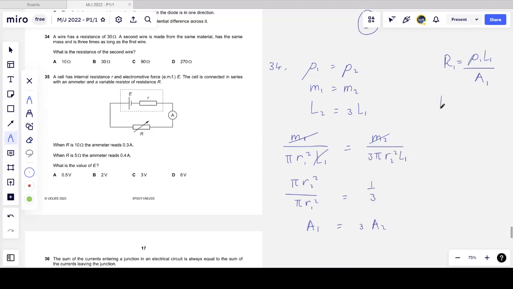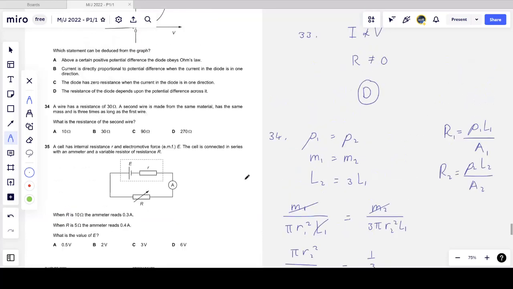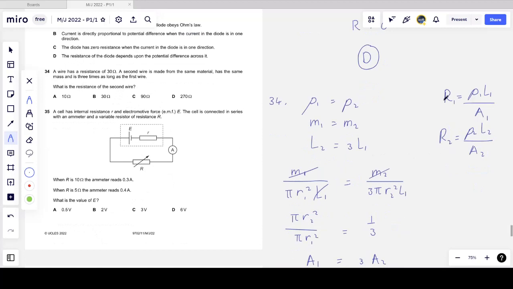So now I have R2 is equal to rho 2 L2 over A2. But now I can actually compare the resistances. So I want to know the resistance of the second wire, and I can tell the resistance of the wires now because I can compare the areas as well.